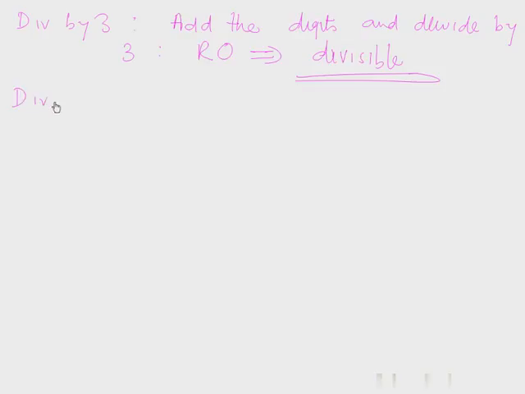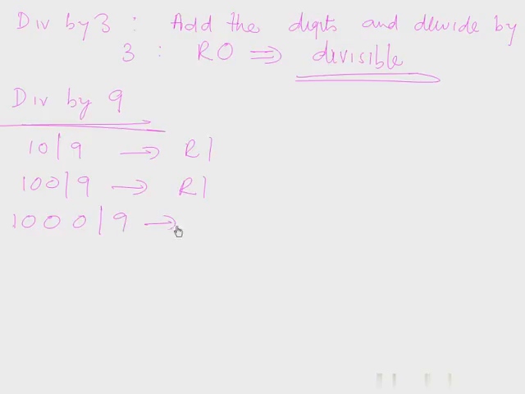Okay, divisible by 9. Let's see if dividing by 9 also has this great property for all powers of 10. 10 divided by 9, remainder 1. 100 divided by 9, remainder 1, because 99 is a multiple. 1000 divided by 9, remainder 1, and so on. 10 raised to n divided by 9, remainder 1.